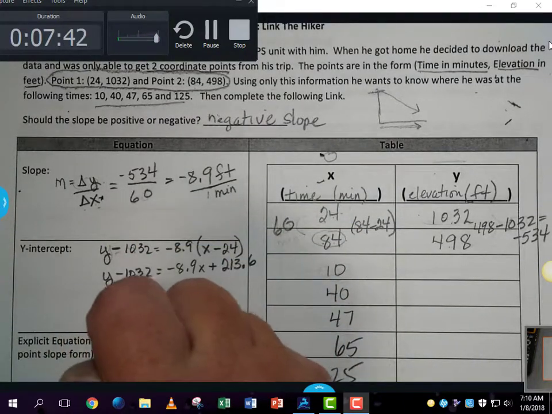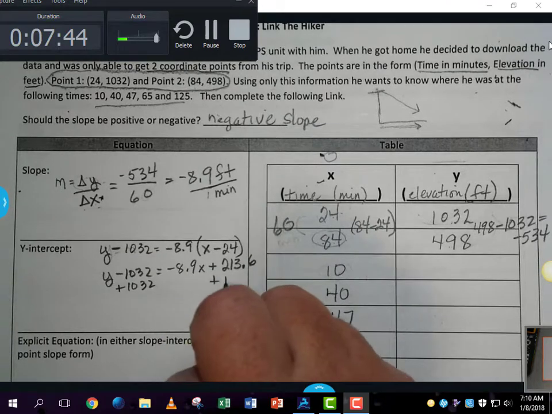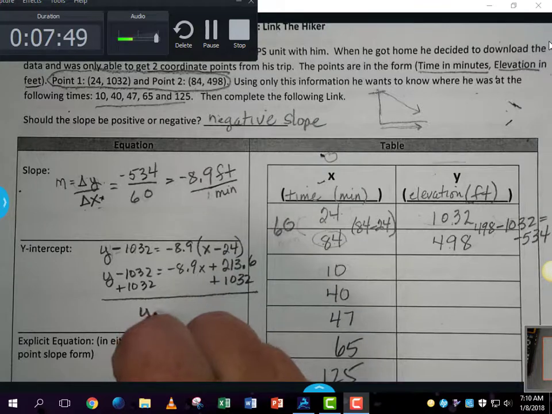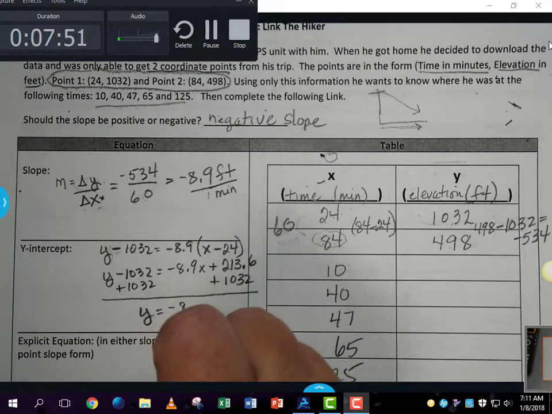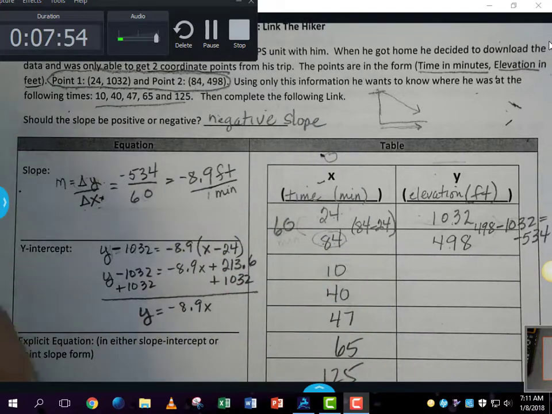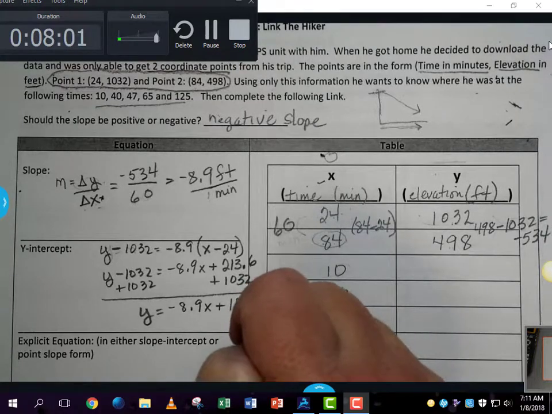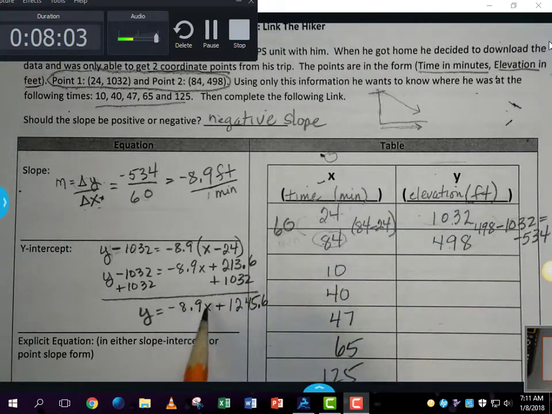Now I add to isolate the y, and I will end up with y equals negative 8.9x plus 1,245.6. So there's my y-intercept. By finding the y-intercept like this, I went ahead and wrote my explicit equation that I'm going to use.